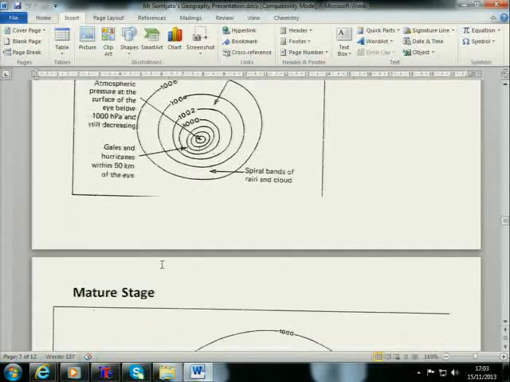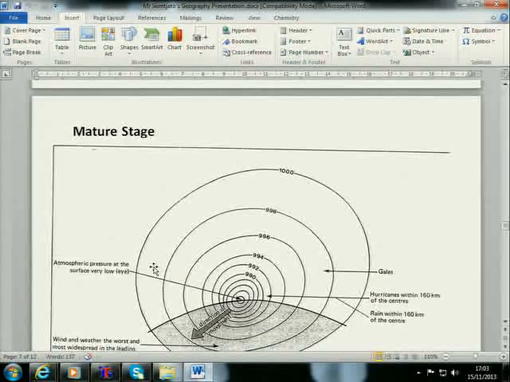If you go to the mature stage, you can see now that the pressure is much more below the 1,000 hectopascals. Then the pressure has stopped falling. In the initial stage, the pressure was above 1,000 and it was falling. In the immature stage, the pressure was below 1,000, but it was still falling.